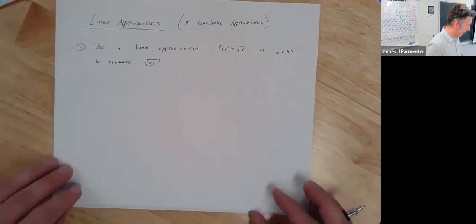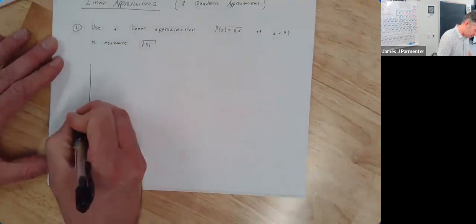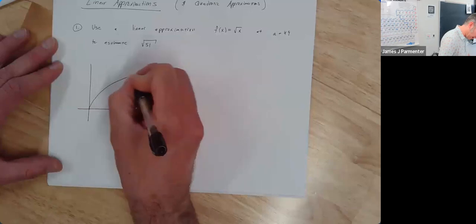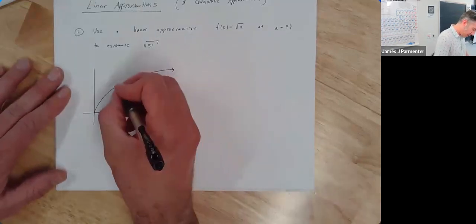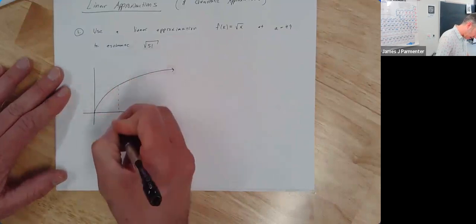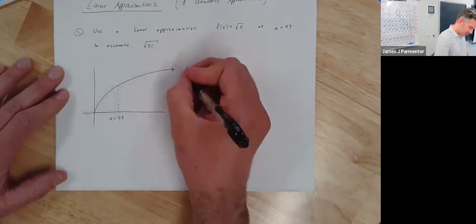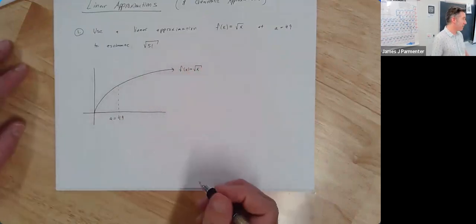Okay, but here's the idea of what's happening here. I really would like you to see the idea. So here's my square root function drawn not well. And right here, let's say this is where 49 is. If this is the square root of x, we know that the square root of 49 is 7.